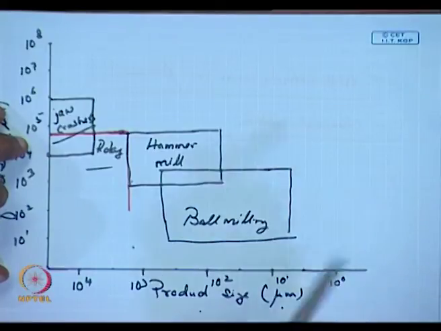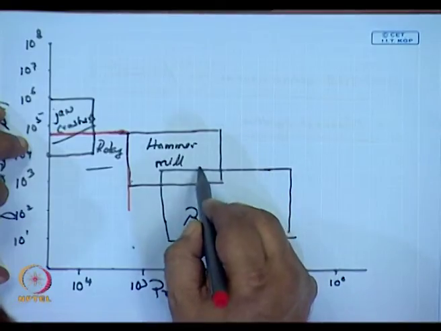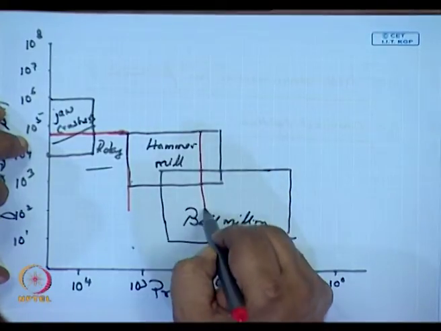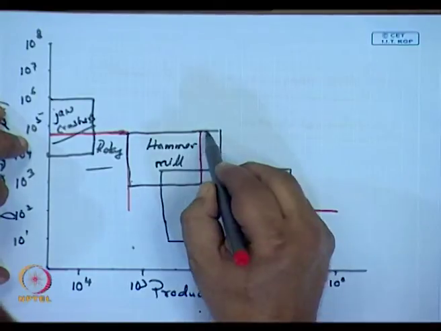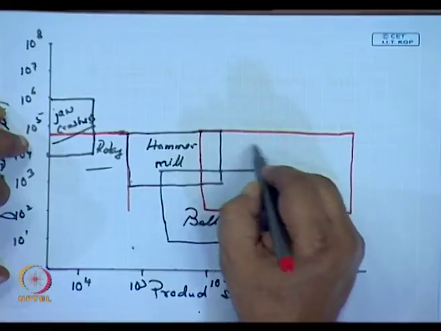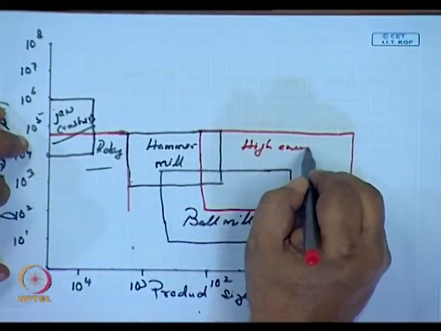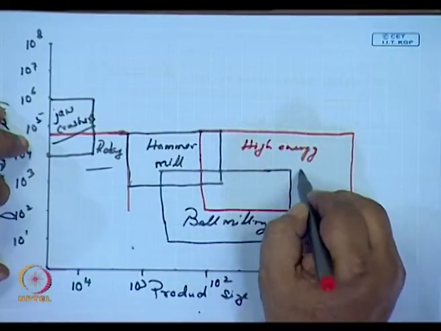However, for the higher energy one, which I showed you, where the ball milling is off center, I would be able to go down to still finer sizes. This is high energy milling.